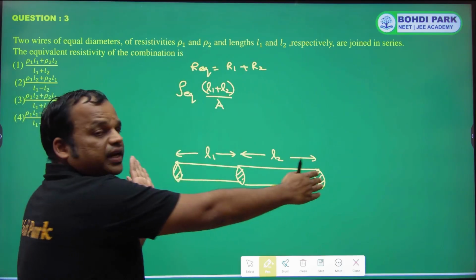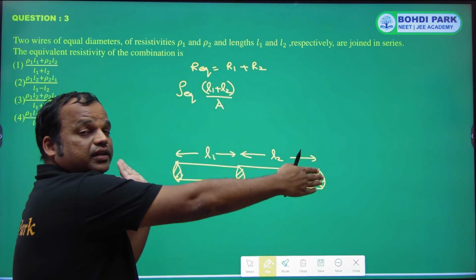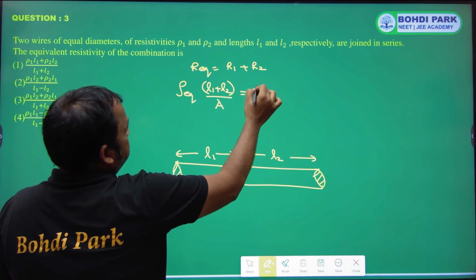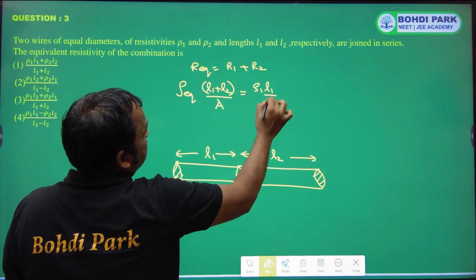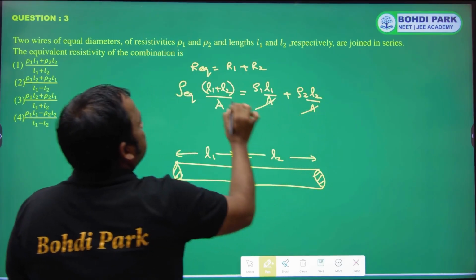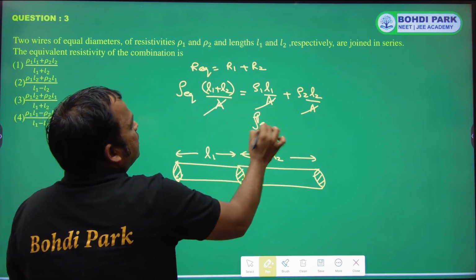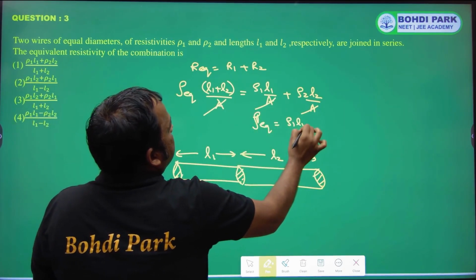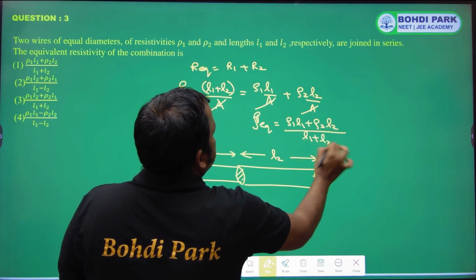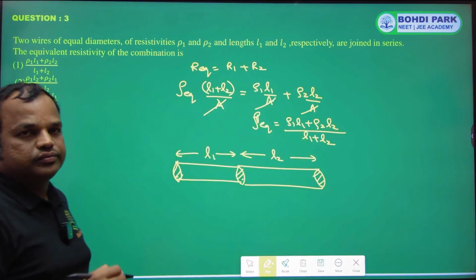So this is the combined conductor, and the length is L1 plus L2. Then R1 is equal to ρ1 L1 by A, R2 is equal to ρ2 L2 by A. So A cancels. So rho equivalent is equal to (ρ1 L1 plus ρ2 L2) by (L1 plus L2).